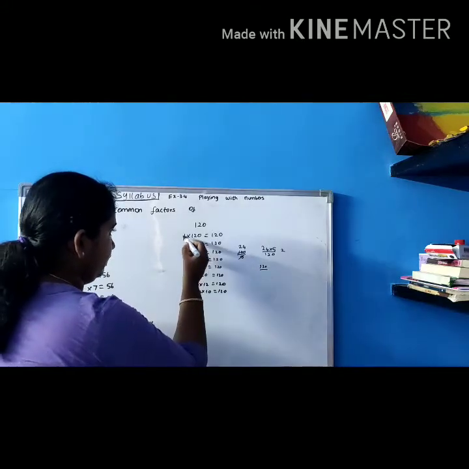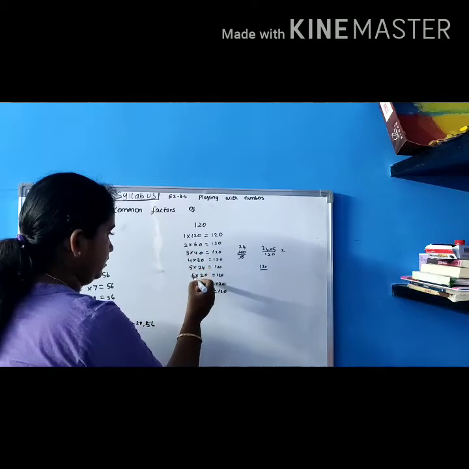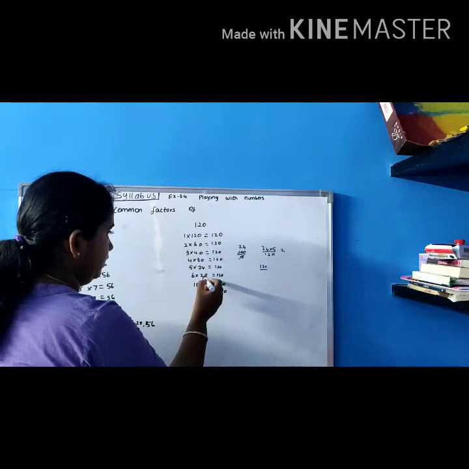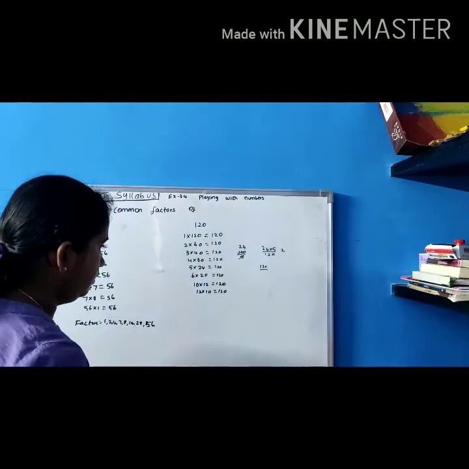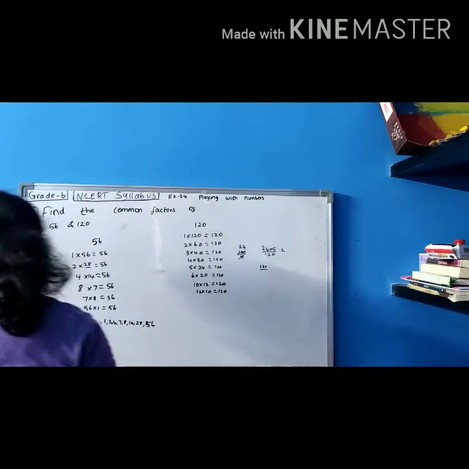Have we got 15 factors? 1, 2, 3, 4, 5, 6, 7, 8, 9, 10, 11, 12, 13, 14 only I got. Only one more. Then what? Let me check.